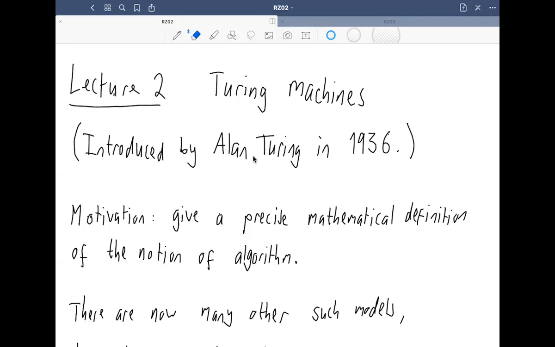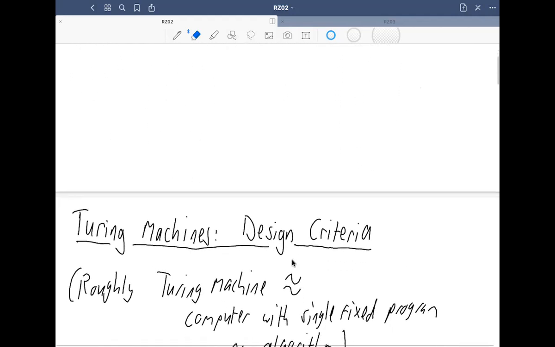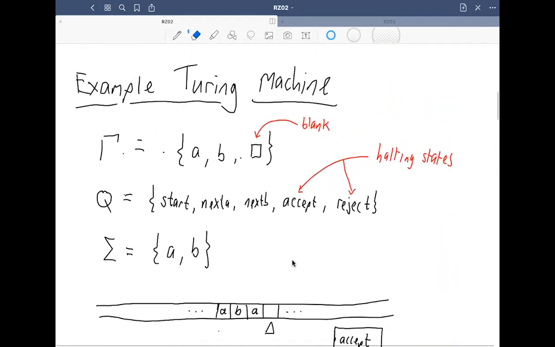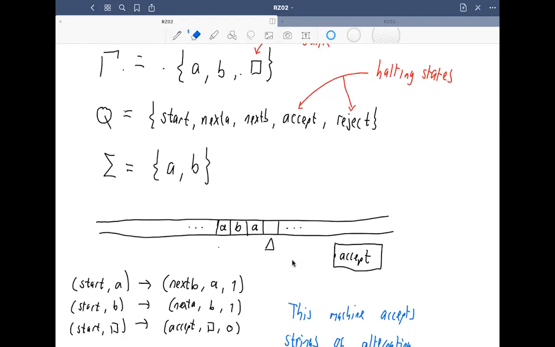So we're going to begin by just briefly remembering what we did last week. I want to point out one thing and also make a couple of small corrections. Last week we introduced the model of computation, which is going to be the model we use throughout the course, the model of Turing machine. I motivated that with the design criteria. I described what a Turing machine is by giving an example in the exercise class last week.